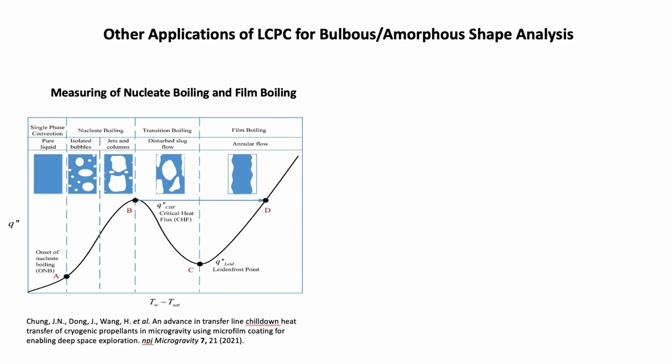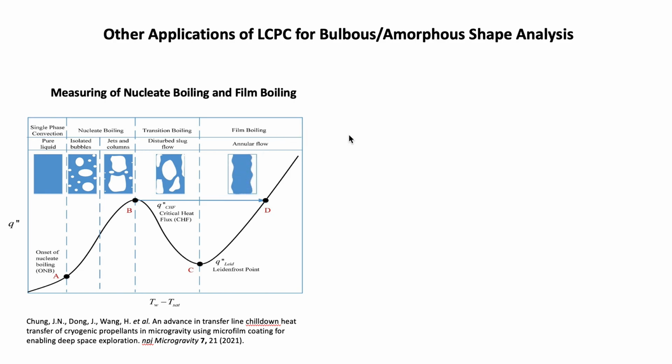And as an aside, other applications that are not directly related to drop shapes, but still include liquid shapes or air shapes, bubble shapes, that can benefit from the LCPC is film boiling, the study of how liquids boil. Liquids start with nucleate boiling, and eventually, as temperature increases, these bubbles fuse to form plumes, and eventually, once it reaches critical temperature, it develops into what's called film boiling.